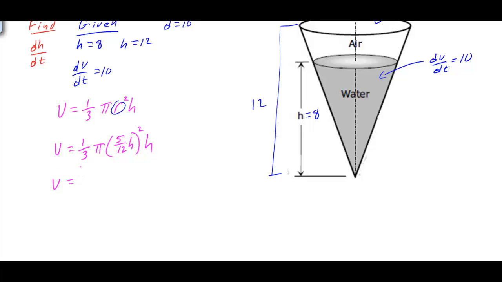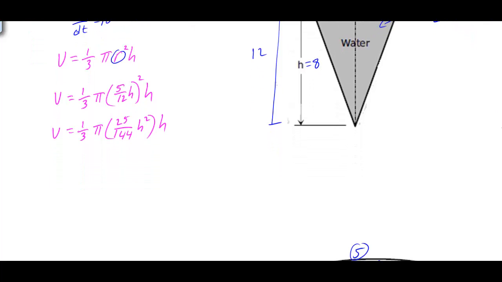So if we simplify this, volume is equal to 1/3 pi, and if we square this, we would have 25 over 144 H squared times H. And before we take the derivative, we could continue to simplify this a little bit.